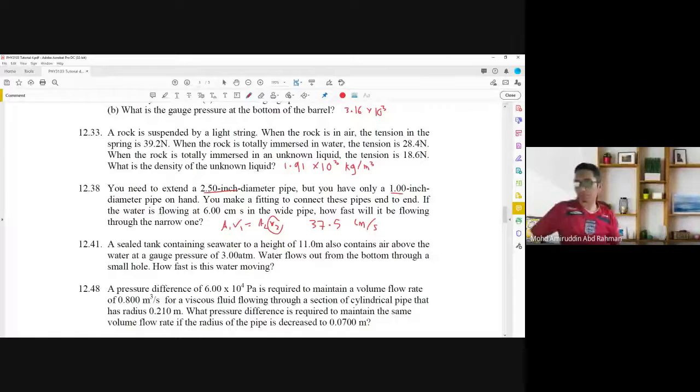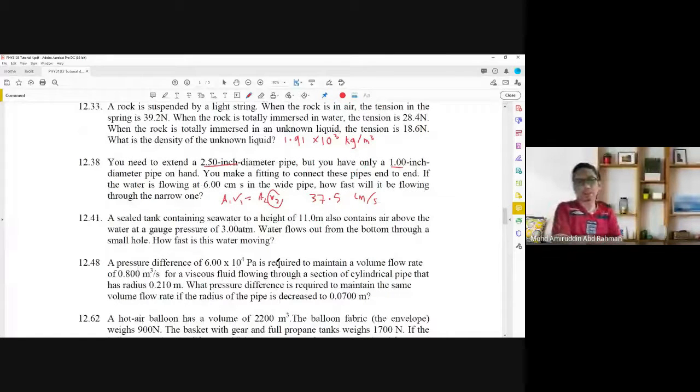Okay, now it's involving the height, rho g h. The water flows out from the bottom through a small hole. How fast is the water moving? So it's about the flow rate. What equation do we use here?